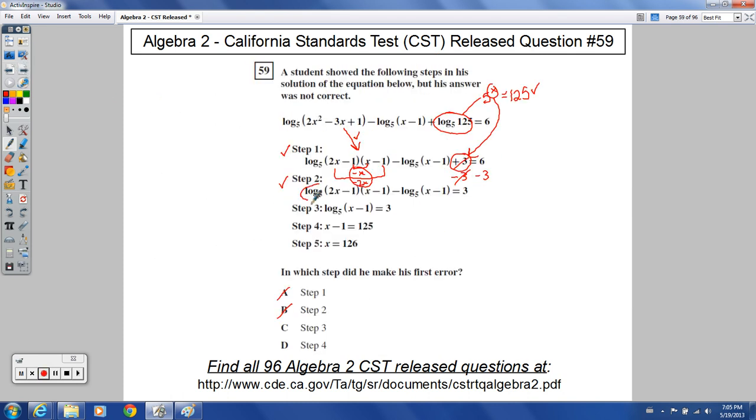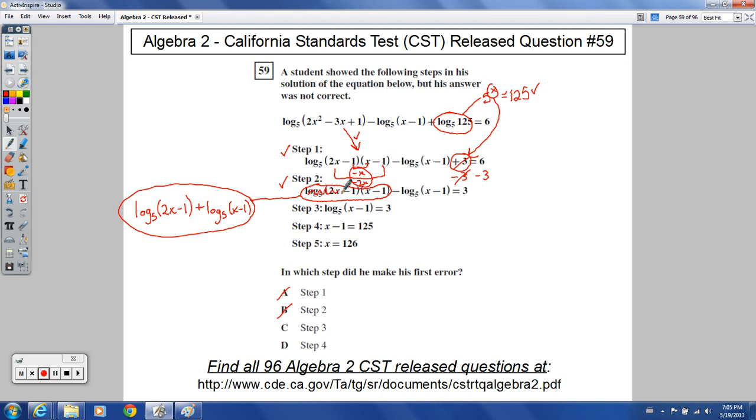So what we're saying here is that this thing altogether is equivalent to log base 5 of 2x minus 1. It's the product of 2x minus 1 and x minus 1. So it's that plus log base 5 of x minus 1. And so these two things are equivalent. This is equivalent to this.